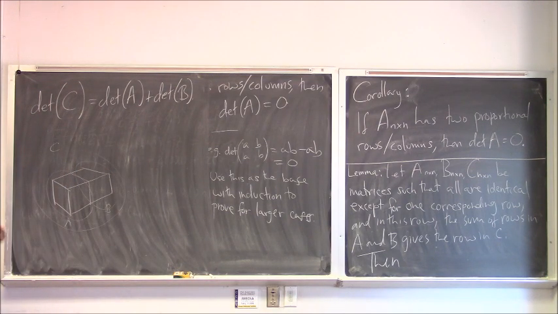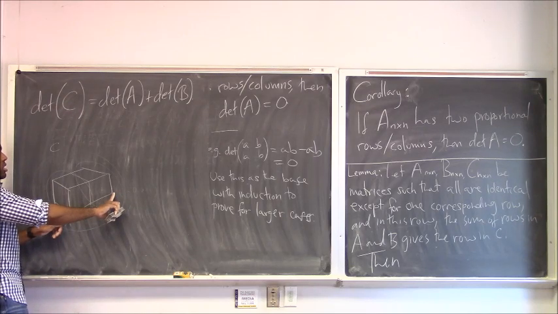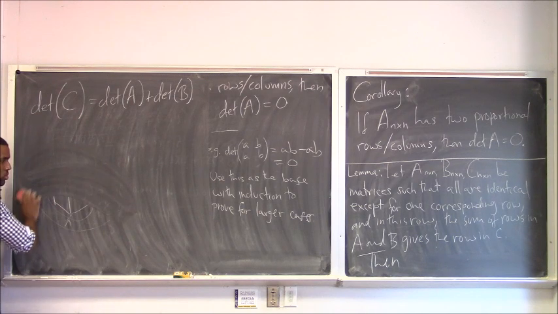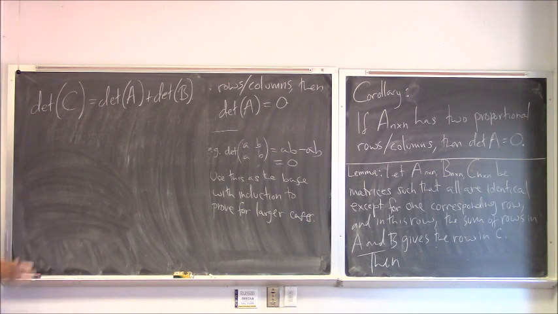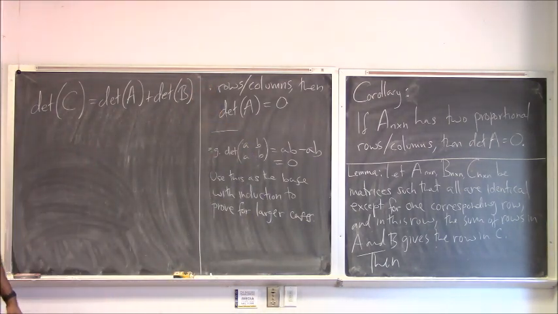So if everything lines up in this particular way, where they're all the same in every dimension except this particular one, where in that dimension C is just the sum of the dimensions of A and B. That's just a 3D representation, but this works in general. Then it turns out that this will be true: the volume of C will be the volume of A and B.